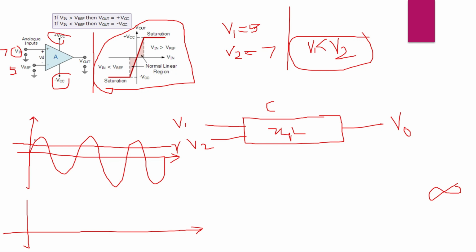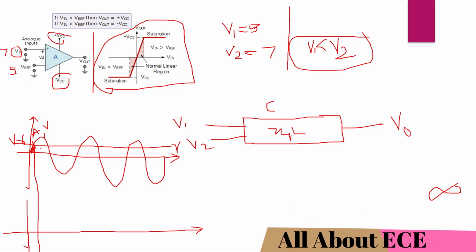Suppose we consider a point here. Here is my V reference, and this is my input voltage. Up to point A, my V reference is greater than V in, right?